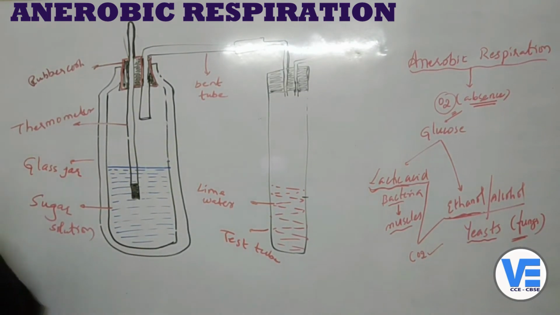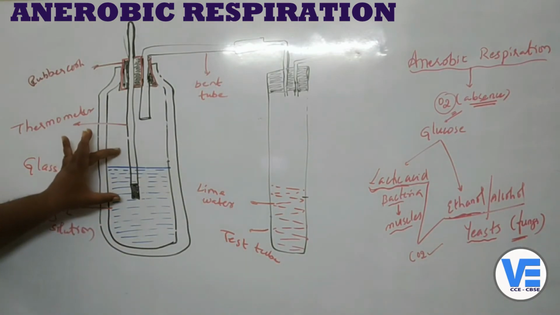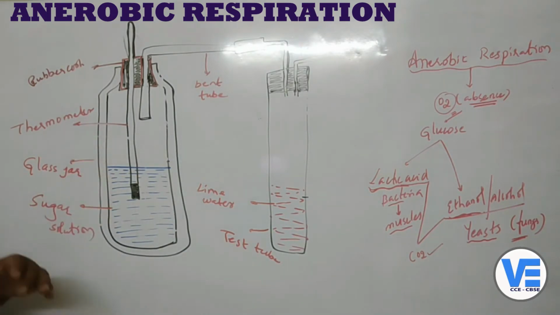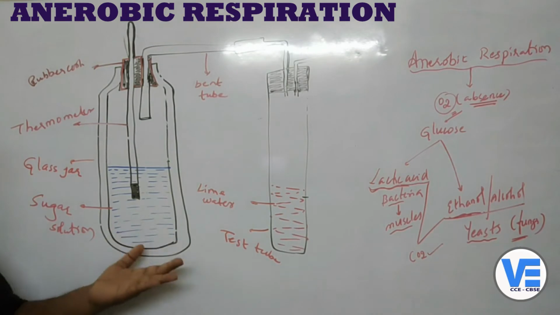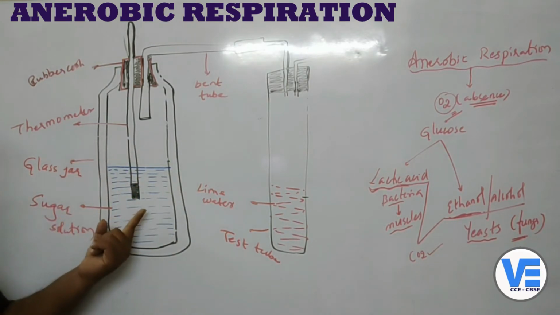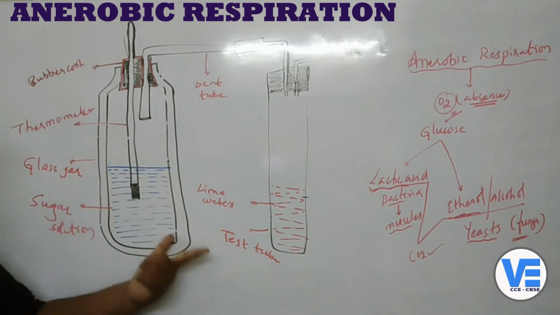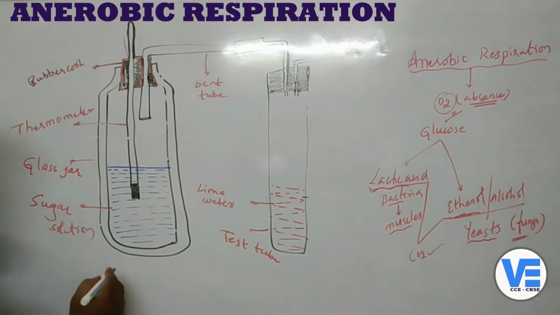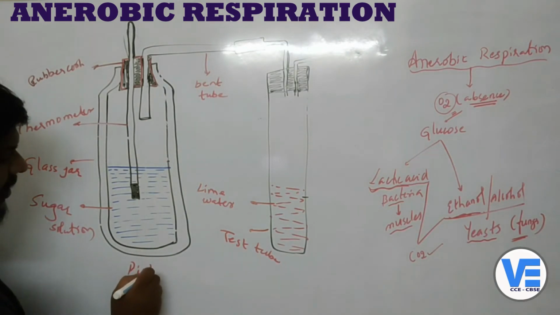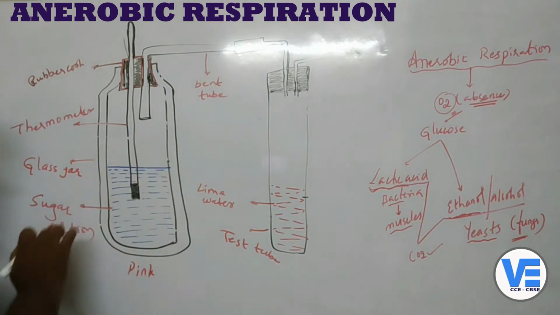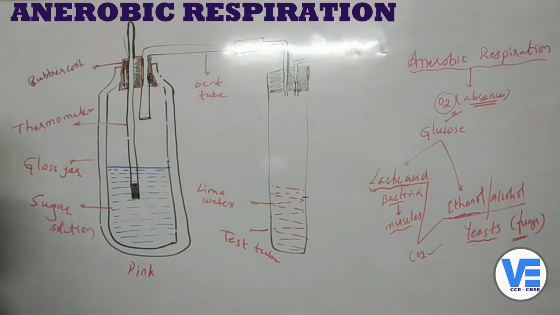If the sugar solution turns pink, that means the level of oxygen is very, very low. Only if the level of oxygen is very low will the Janus green turn pink. So by this we can confirm that the sugar solution doesn't have oxygen, or has a very low amount.